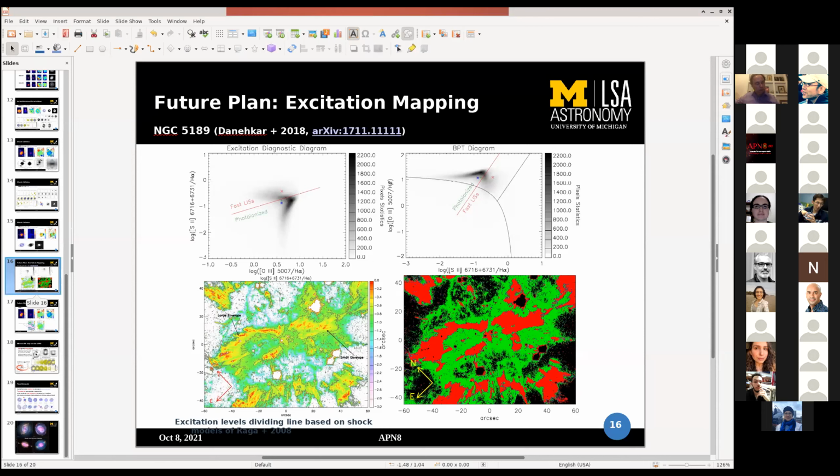Also, there is some long-slit observation of this object, I think published in a Mexican journal, but they didn't detect any fast low ionization emission regions, based on what I saw in that publication.